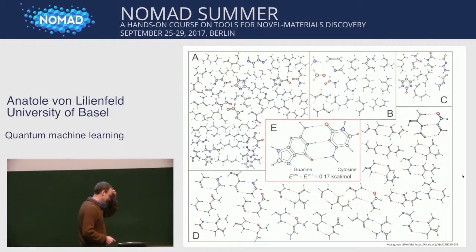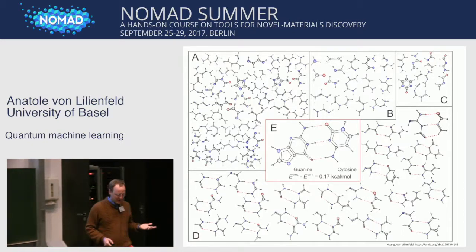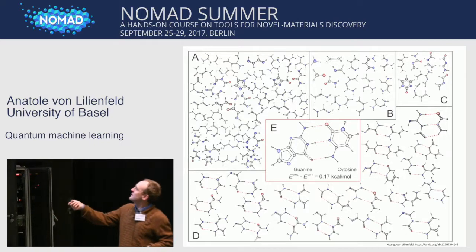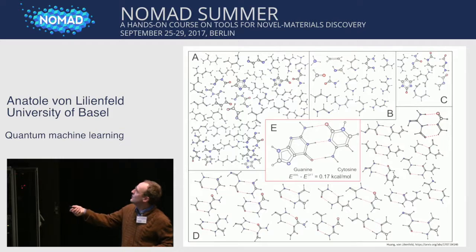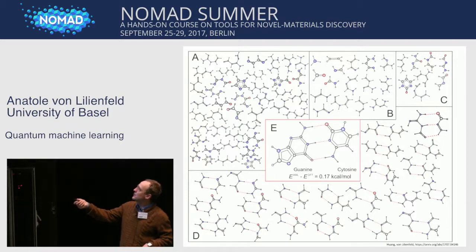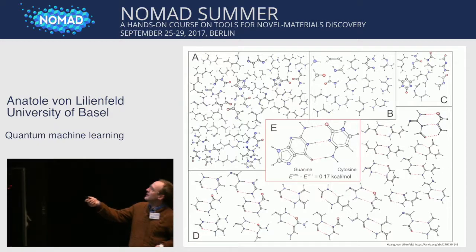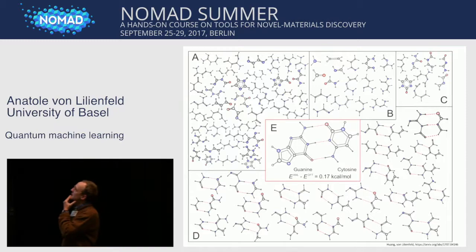And finally, an example of how this also looks for intermolecular forces. We have looked at the Watson-Crick DNA-base pair of guanine and cytosine. So this is the atomization energy error, right? So it includes the bonding. It's not the intermolecular interaction energy.